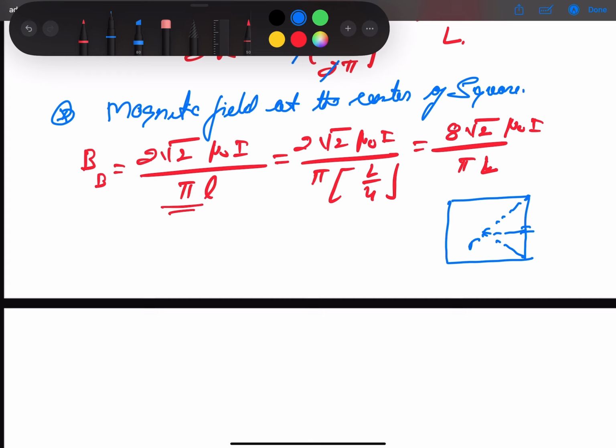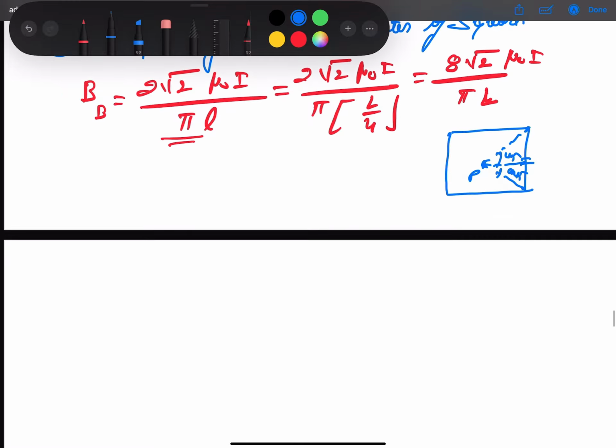Suppose this is point P, and the perpendicular distance of this finite wire from point P is A. We already know this formula. This angle will be 45 and this angle will be 45, so it comes as mu naught I upon 4r times sine phi 1 plus sine phi 2. So we are going to get the same answer.